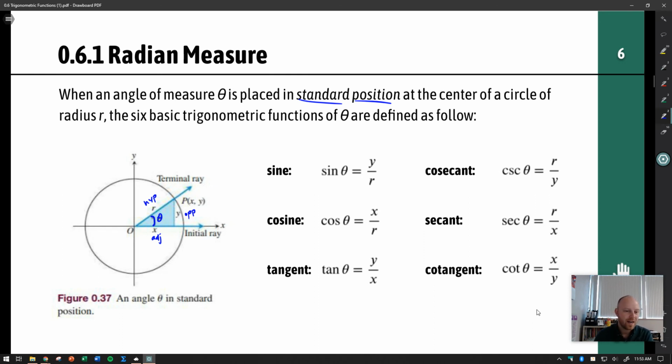Cosine, adjacent over hypotenuse, x over r. Tangent would be y over x. Again, opposite over adjacent. And then their reciprocal functions, reciprocals, here would be r over y for cosecant, r over x for secant, and x over y for cotangent. So now we have defined not only radian measure, but all 6 of the basic trigonometric functions.